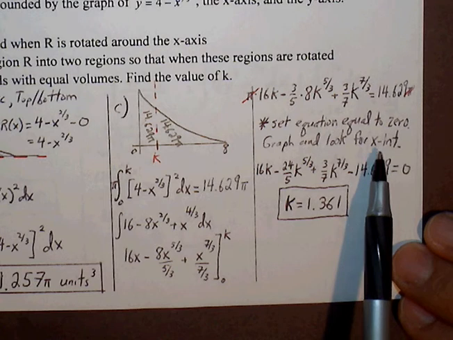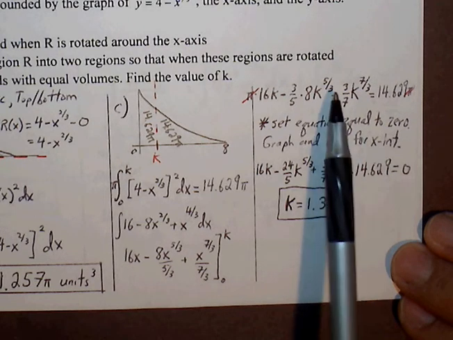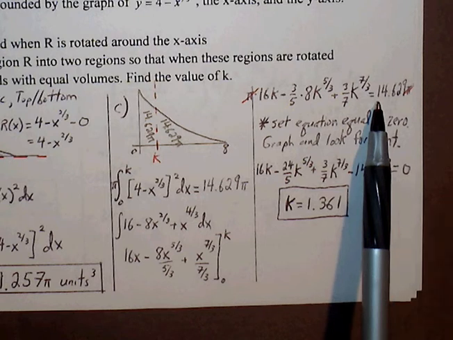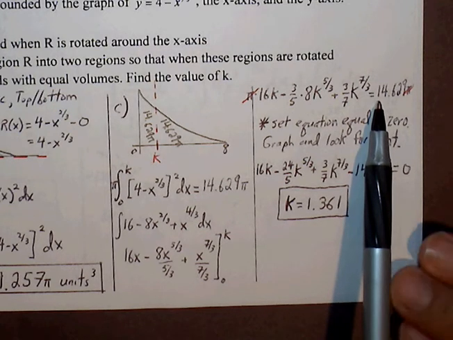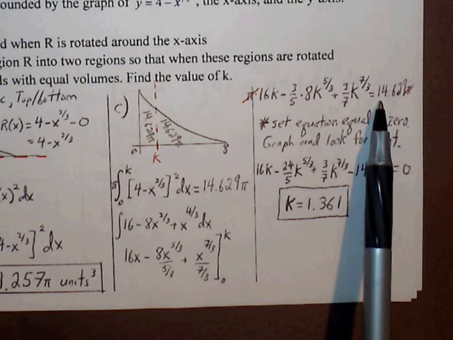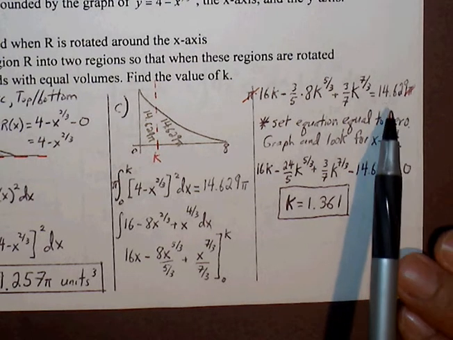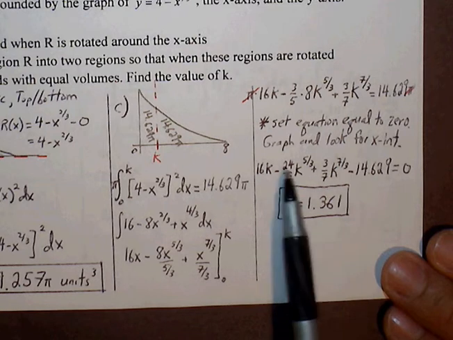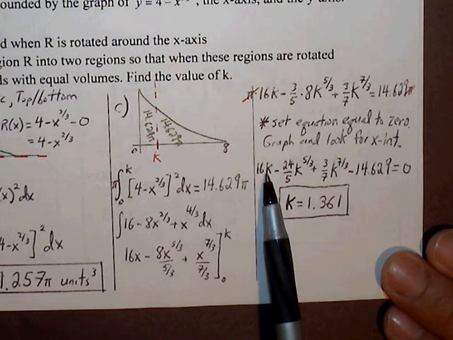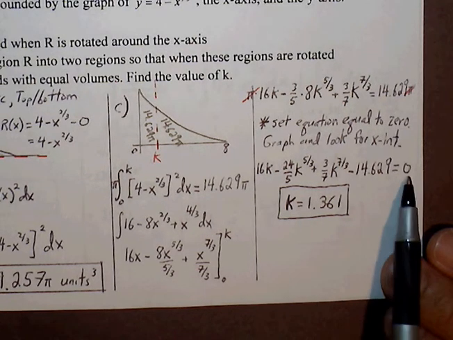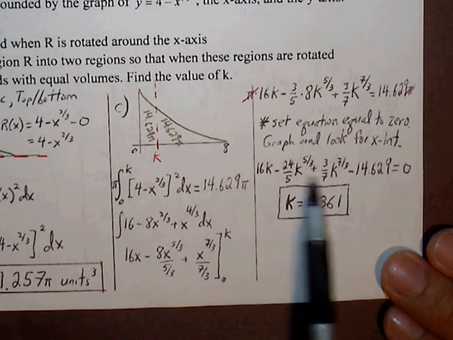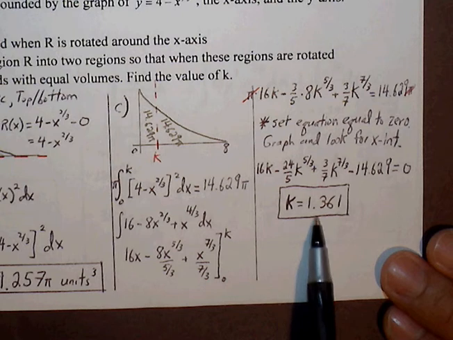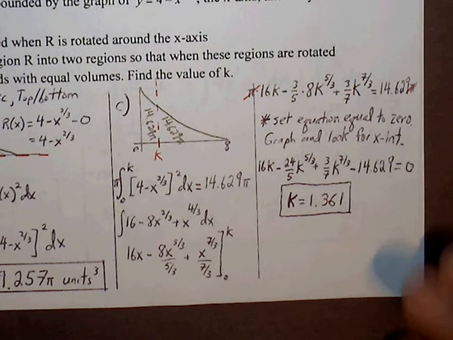That will make things easier rather than having to look for a potential intersection that could be off our graph for our window in our calculator. So I'm going to set everything on one side equal to 0, and then we can just plug this all in our calculator, graph, and look for the x-intercept, and you're going to get x-intercept of k is equal to 1.361.